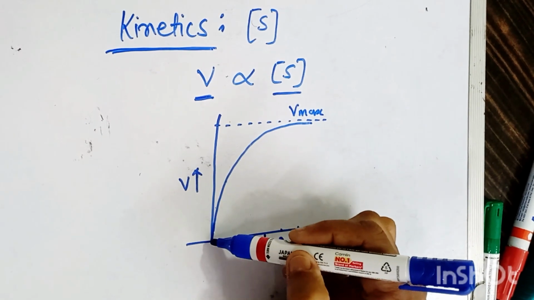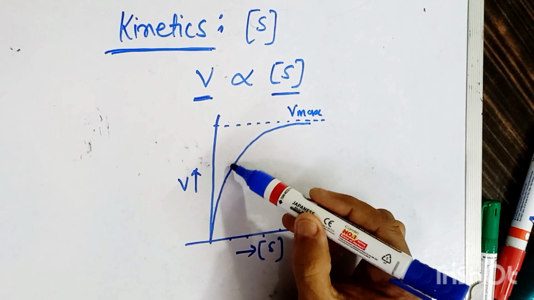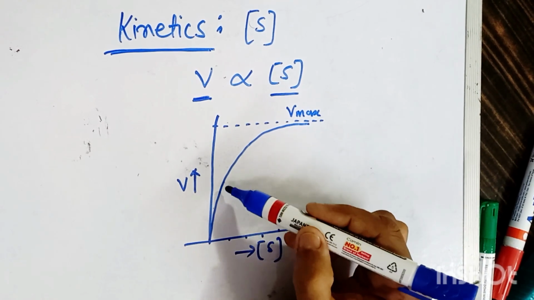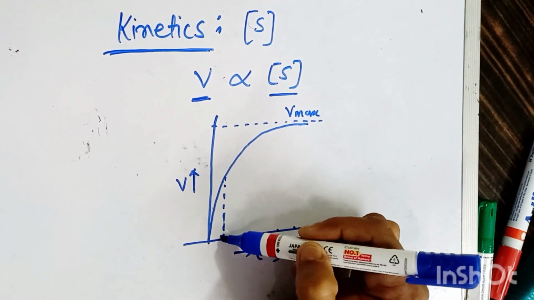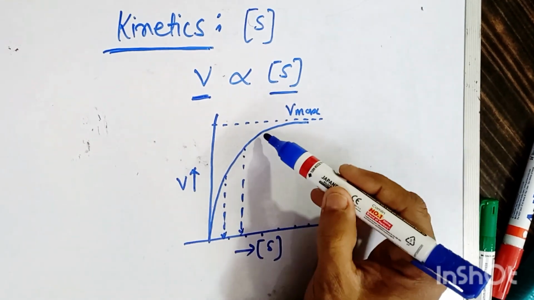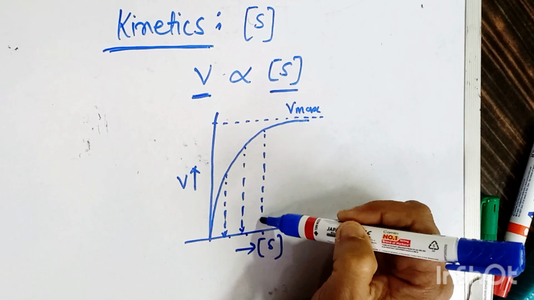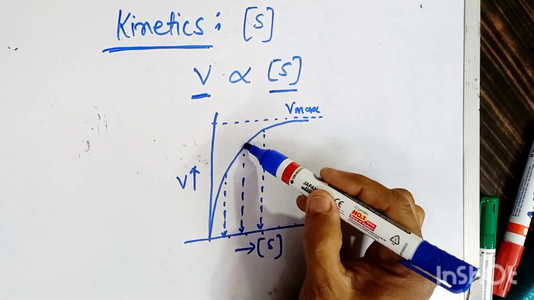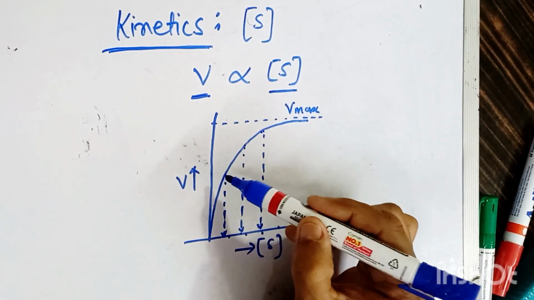Now, why does this velocity get altered with substrate concentration? Say at this substrate concentration, the velocity is high. At this substrate concentration the velocity is higher, but see the change of velocity.